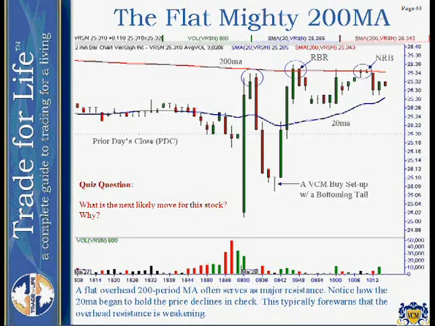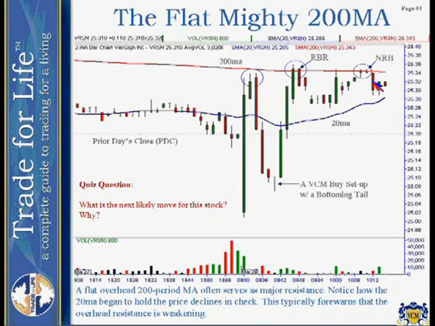Stock rallies through the 20, bumps its head up against the flat 200, drops back through the 20, rallies back above the 20, bumps its head up against the 200, pulls back, does not penetrate the 20 on the pullback, buoys back up to the 200, pulls back, does not penetrate the 20.